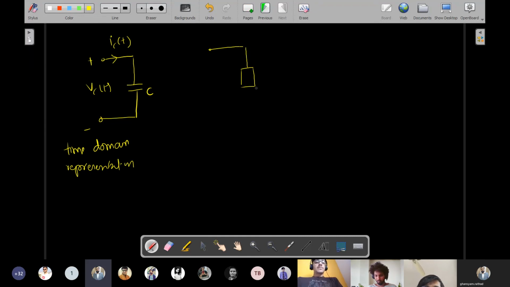Now what should I write here? Can anybody tell me? Means already some voltage Vc of 0 minus is stored at that time. But this is ZC of s, and that can be written as 1 upon sC. That is already derived. Now see the last equation. From that one, can you tell me what should I write here?